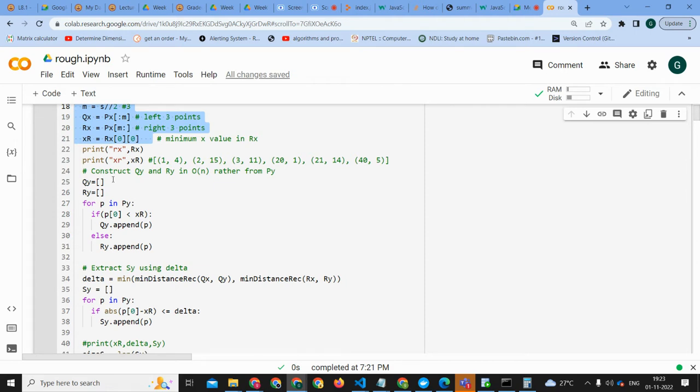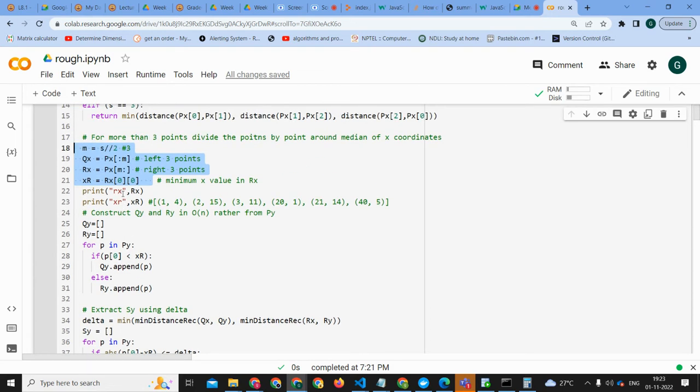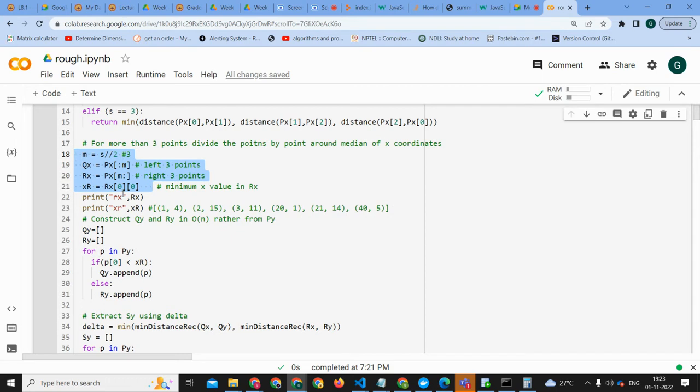So similarly, we have QY and RY. I also have a doubt here. Yeah, please. This closest point is 20 here with that vertical line. And the lecture professor said we have to take the 15 closest points. Let's go and see now what is happening in the code.